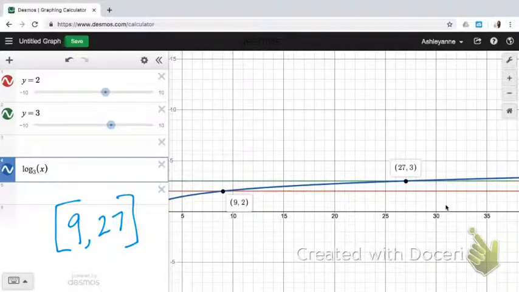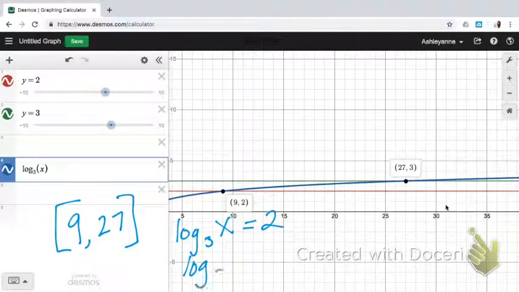Okay, so then 7b says, does your answer to number 7 make sense, based on what you know about logarithms? So basically, log base 3 of x equals 2, and log base 3 of x equals 3.